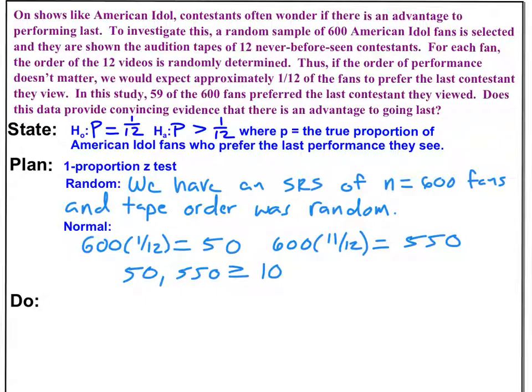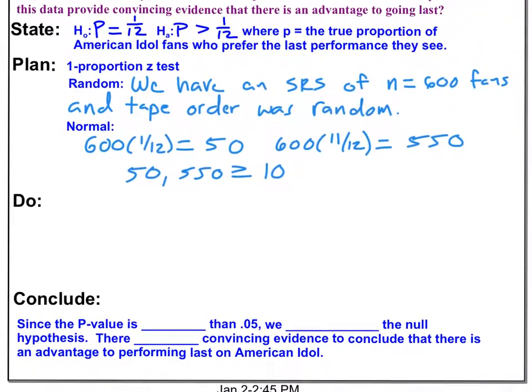Those are both at least 10. So the random condition is met. We're doing a 1 proportion z test. Random is met. Normal is met.